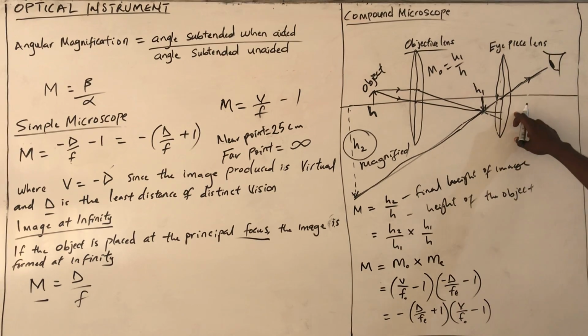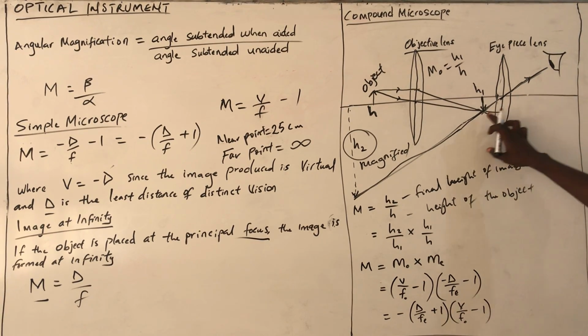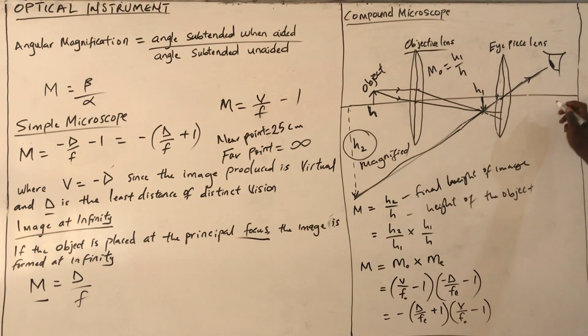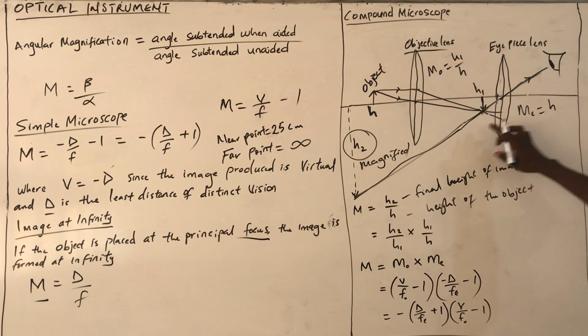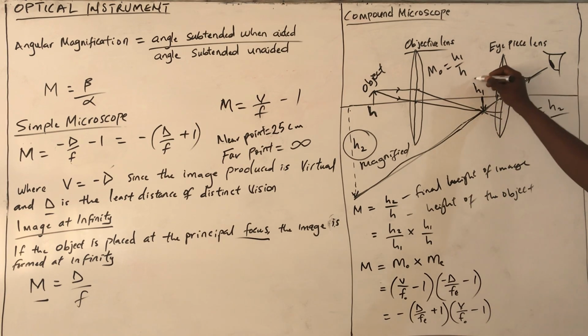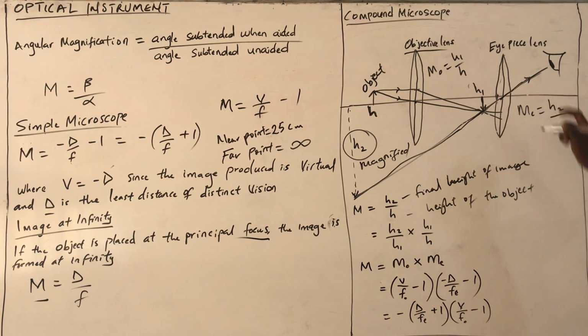Then for the eyepiece, if I calculate the magnification, it is going to be the final image, which is H2, over this, which serves as the object to the eyepiece, which is H1.